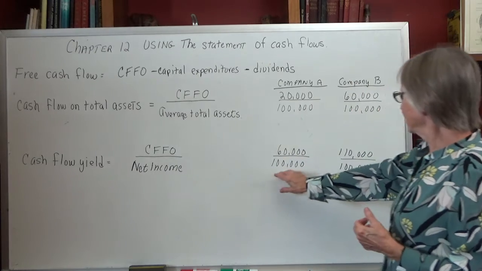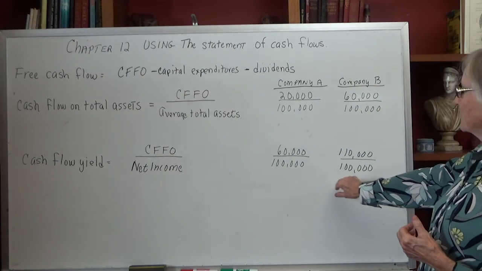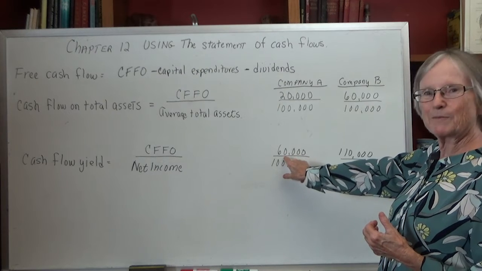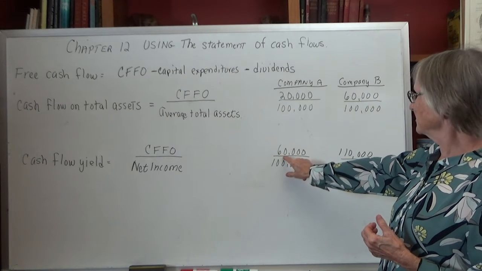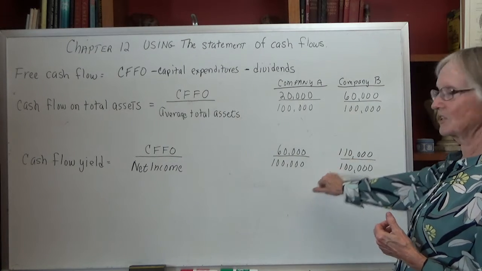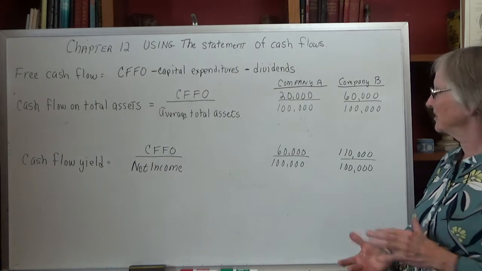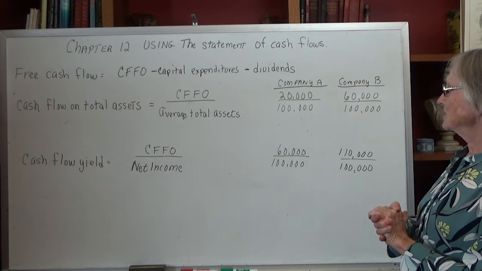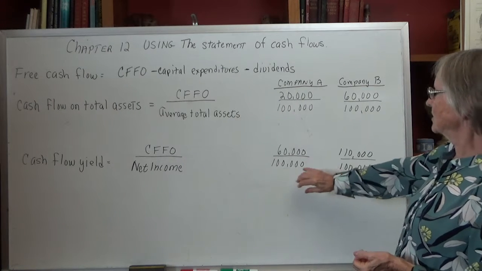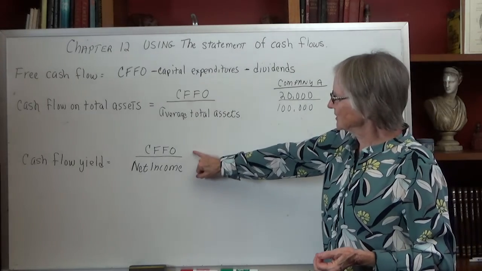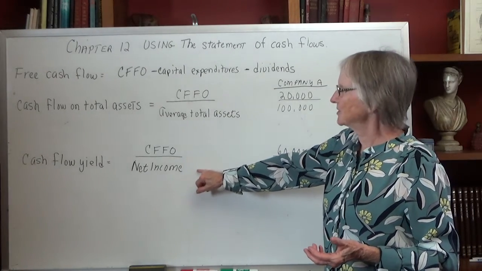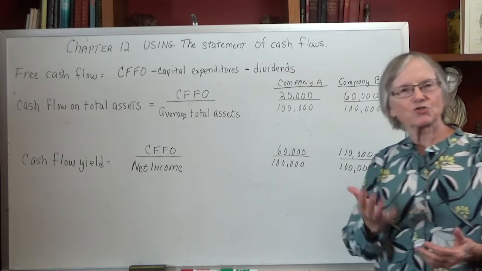So again, let's say you had net income of 100,000, and company A manages to generate cash flow from operating activities of 60,000, and the other company, B, manages to get 110,000. This can be very useful information to have. If your cash flow from operating activities is really very different from the net income, that's a red flag.